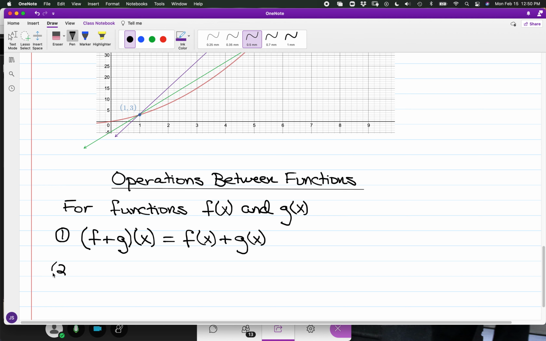And for the difference function, f minus g of x becomes f of x minus g of x.